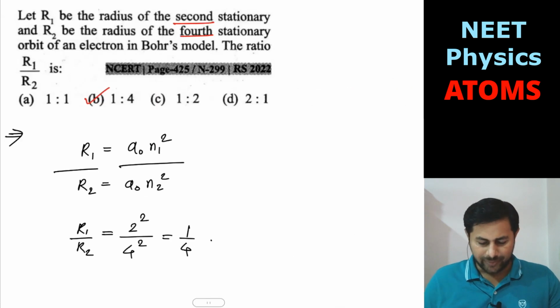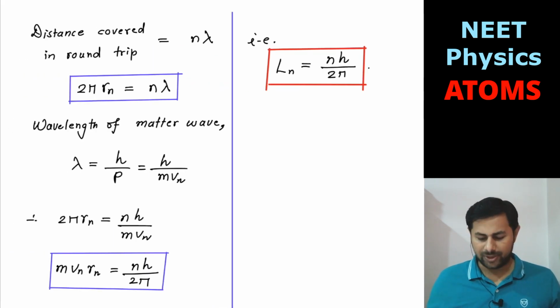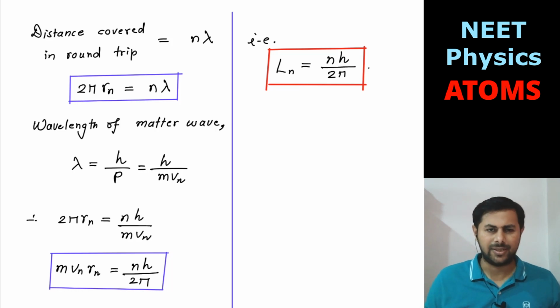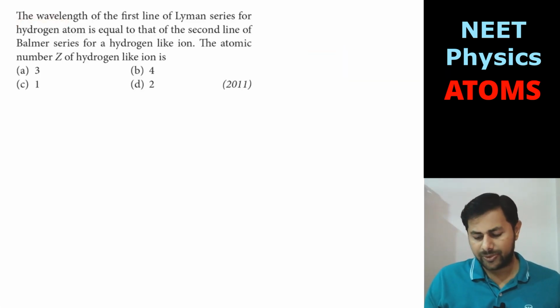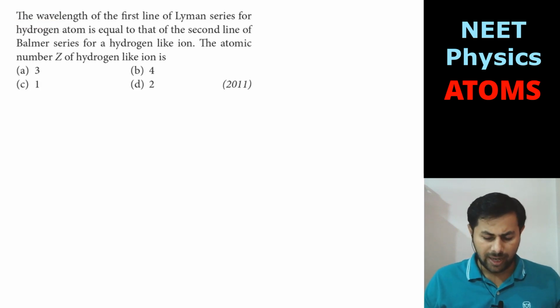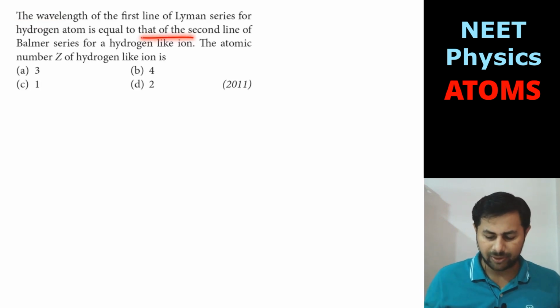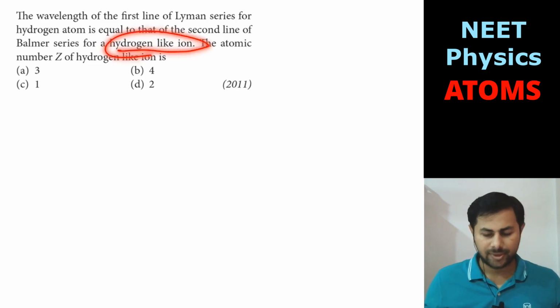All right, good. So now let us solve some problems based upon all these things. Let's see this one. The wavelength of the first line of Lyman series for hydrogen atom is equal to that of the second line of Balmer series for a hydrogen-like atom.